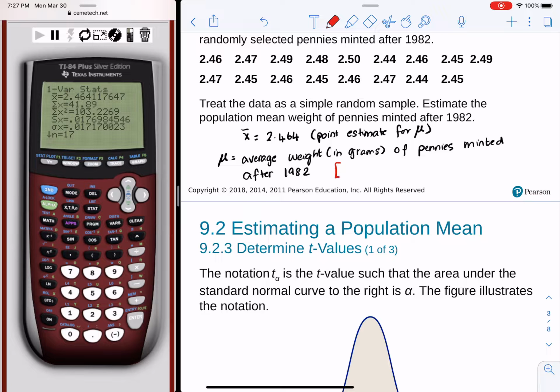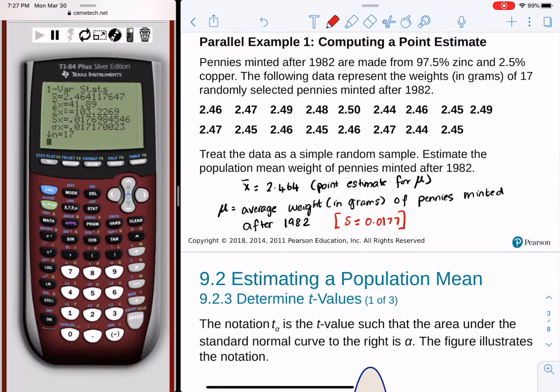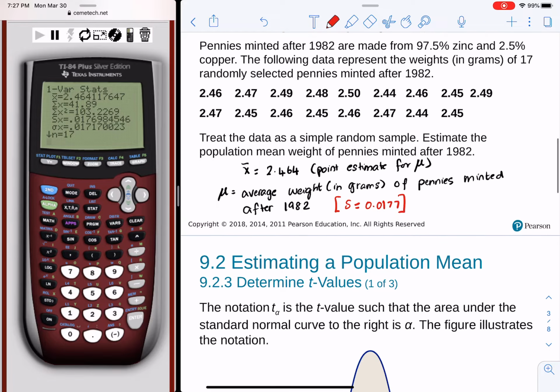So we will just write that over here as S. We don't use it at this moment in this particular example because all we wanted to show is how to compute a point estimate for the mean. But we need the standard deviation in order to find the confidence interval later in the example.